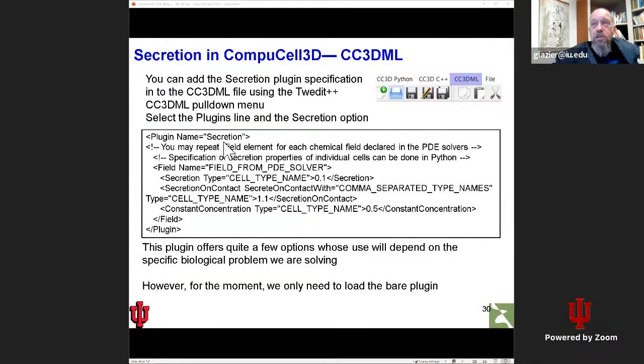So if I use the secretion plugin, I have to give the name secretion plugin. I need to say what the field name is from PDE Solver.